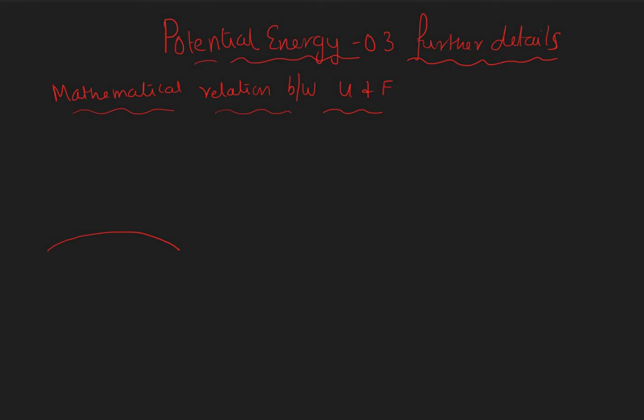So we have seen that if you have an object here of mass m, then your U is given by minus GMm by r.